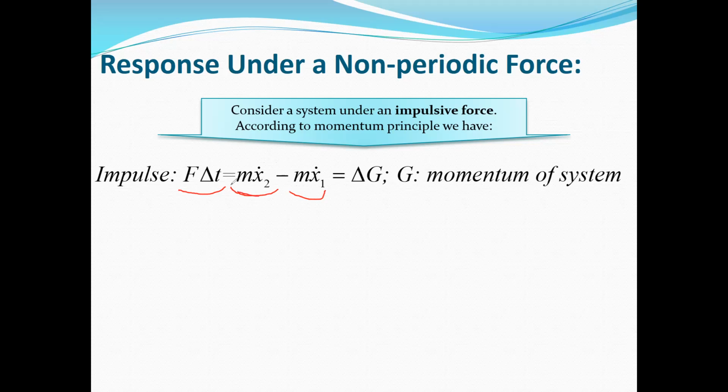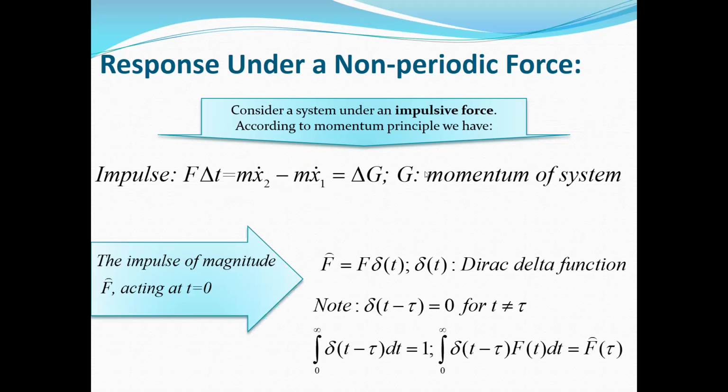So this term m x2 dot is the final momentum, and m x1 dot is the initial momentum. We call it delta G, or the change in the linear momentum of the system.